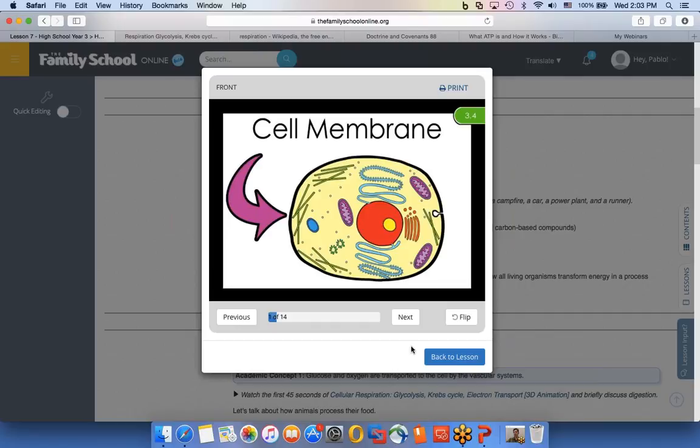Excellent. So what molecules, everything that comes in or out. Okay. Do you remember what this was? What would this represent here in the cell membrane? The opening, or the door to it.